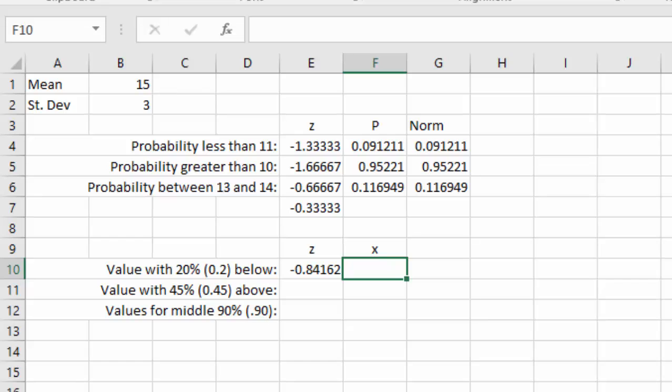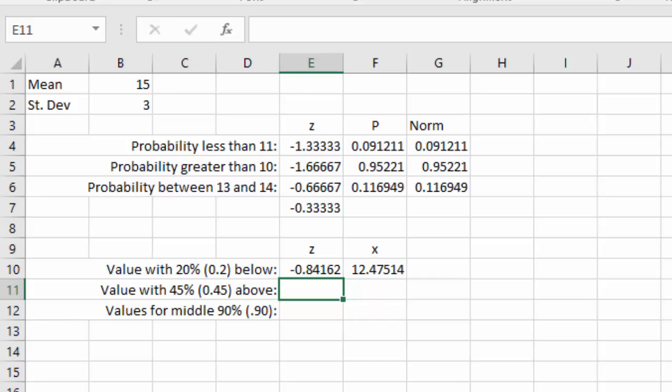Now in the textbook and the videos, you saw that to change a z-value to an x value, we take the z-value, hit equals, select the z-value, times the standard deviation, which is 3, plus the mean, 15. And that tells us that 20% of the values will fall below about 12.5.